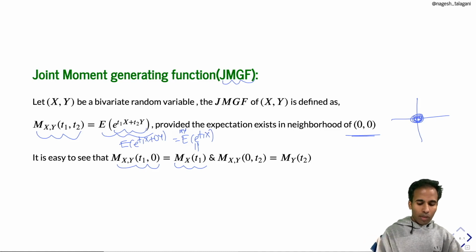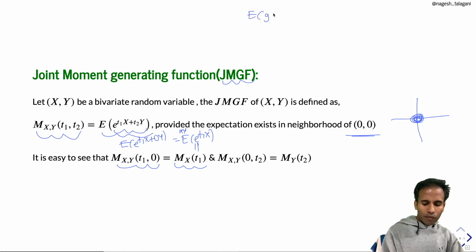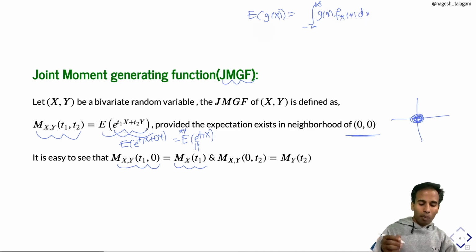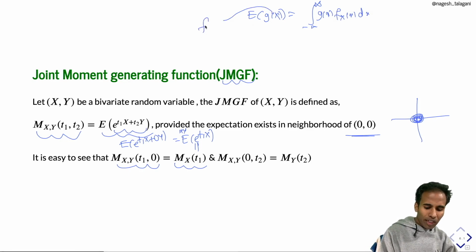What I mean is, if you take a function of X, let us say g(X), the expectation of g(X) means the integral of g(x) times the pdf of x dx. But this g(X) can also be seen as a function of (X, Y). Though it doesn't depend on Y, still we can see it as a function of (X, Y).